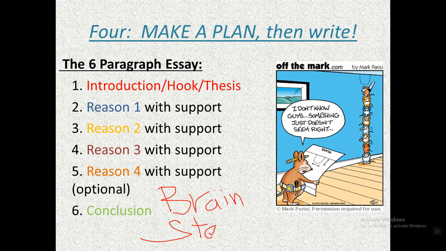So brainstorming of your ideas, and I'm going to tell you how you're going to do so for a persuasive essay. Let's say my persuasive essay is going to have an introduction, reason 1, reason 2, reason 3, reason 4, each with support, which means with details. Support is the details or the information you're going to write for each reason.